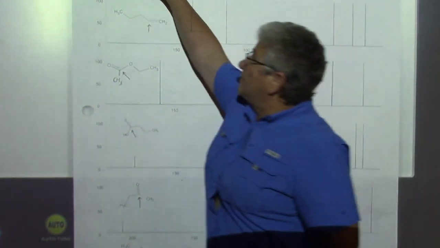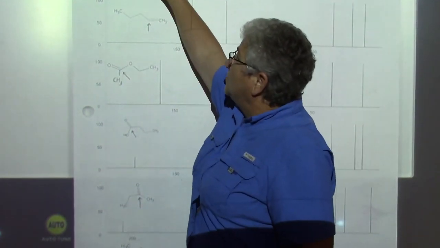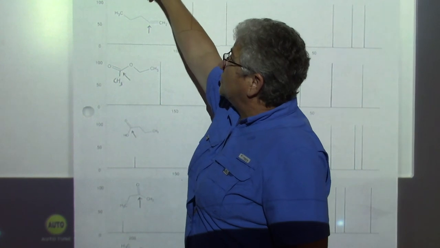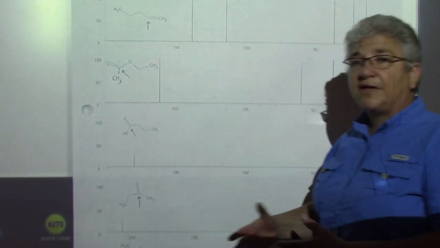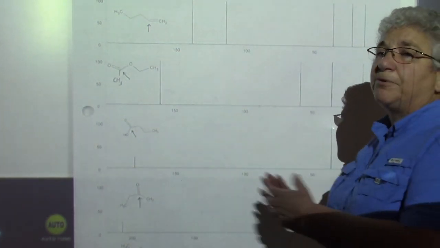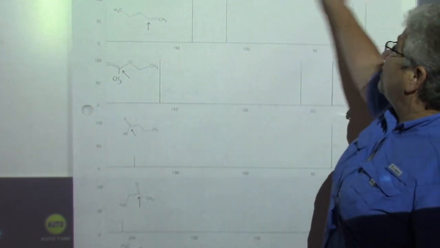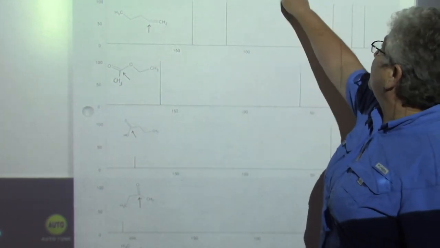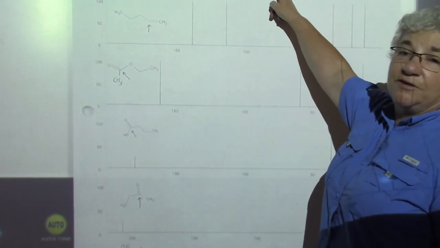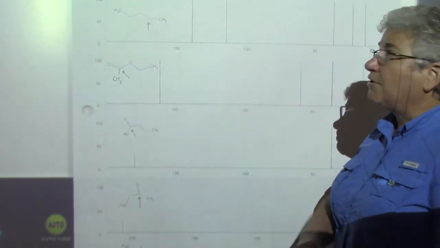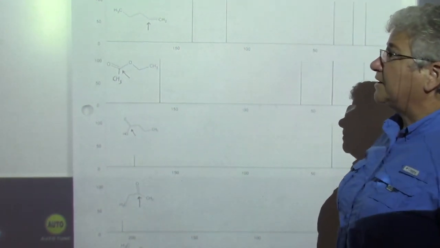This one happens to be symmetric, but the carbon that is bound to the oxygen, we just saw that the carbon that was bound to the oxygen in ethanol got pulled downfield, right? That's what's happening here. Right here you see a peak at 73 or so, right? So that carbon is the carbon bound to the oxygen.